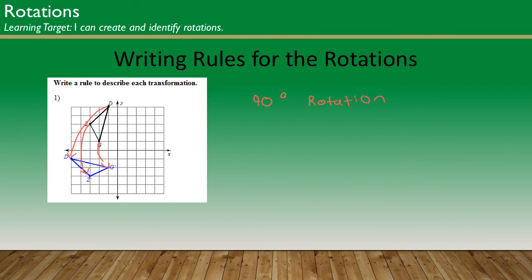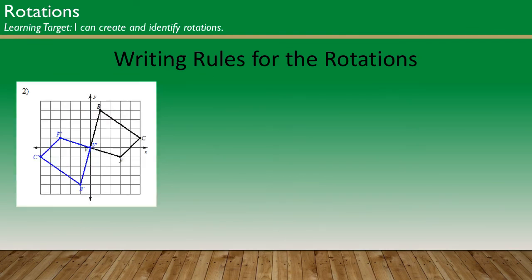I can just say 90-degree rotation, I don't have to say counterclockwise, but I'm going to write that anyway. So I have a 90-degree counterclockwise rotation. I could also call this a 270-degree clockwise rotation. That would actually be the exact same thing.